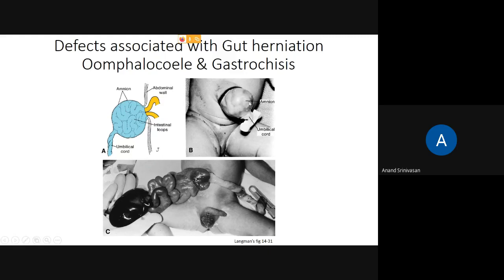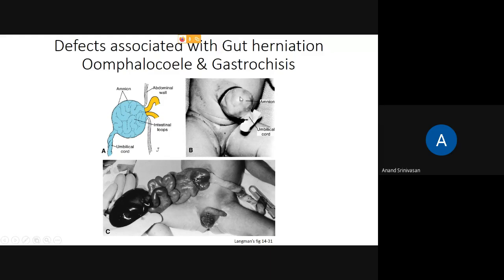But in this one, the gut is protected by the amnion. Whereas here, the gut is not protected by the amnion. The umbilical cord is separate and the gut is separate.